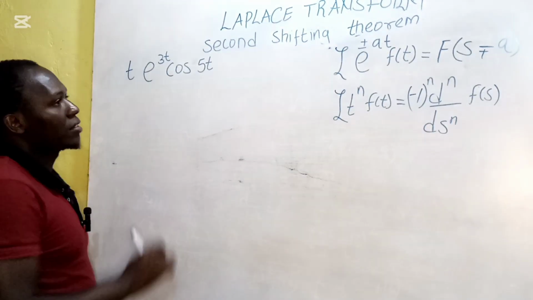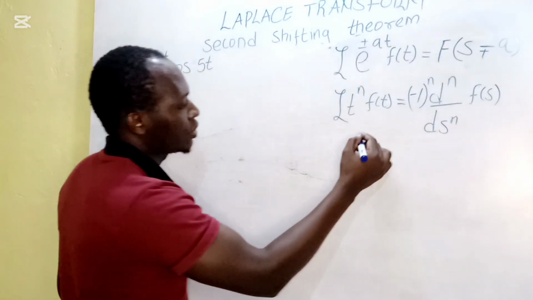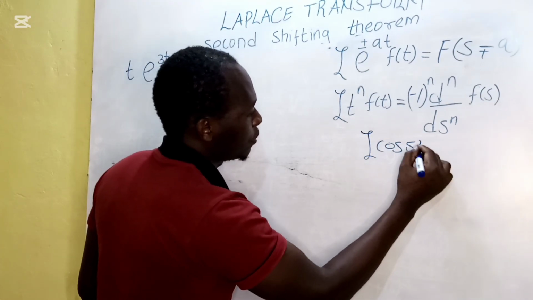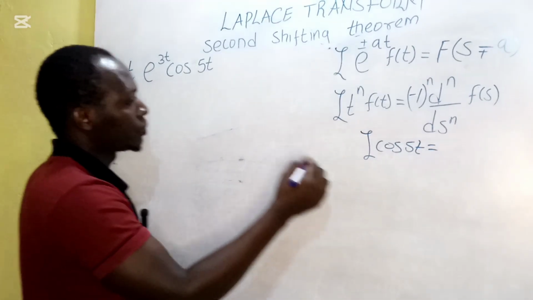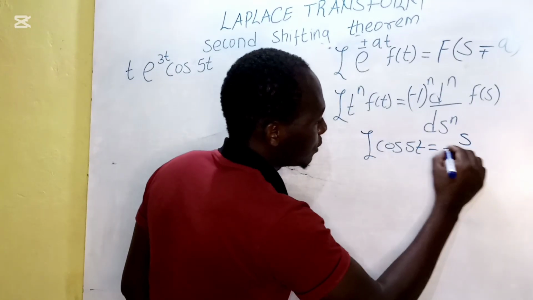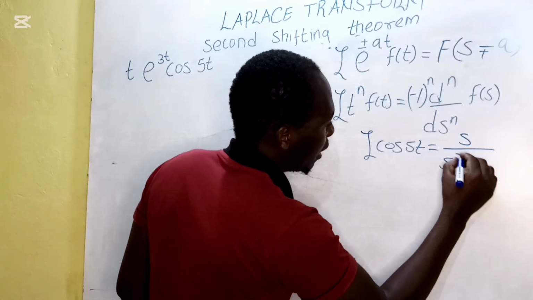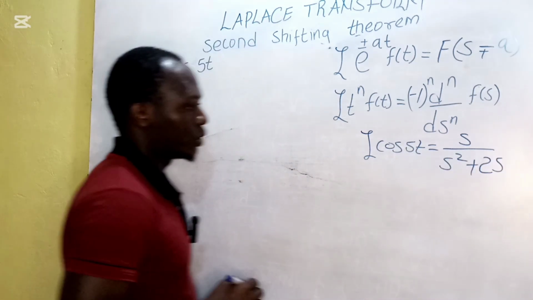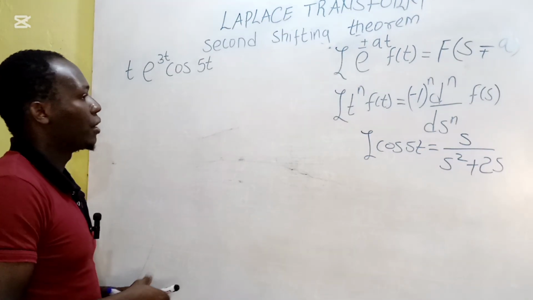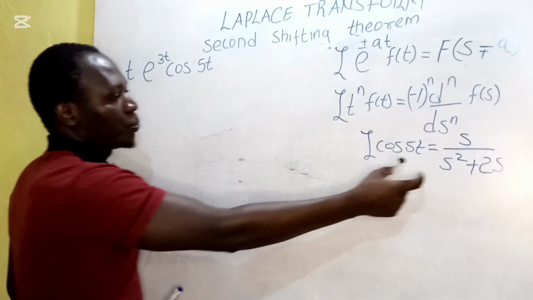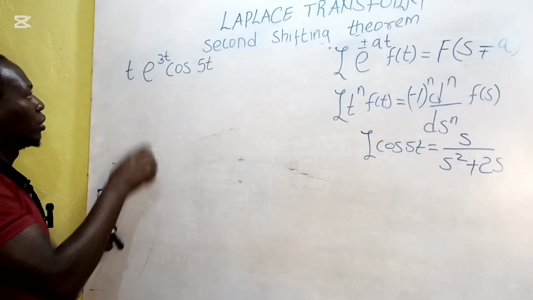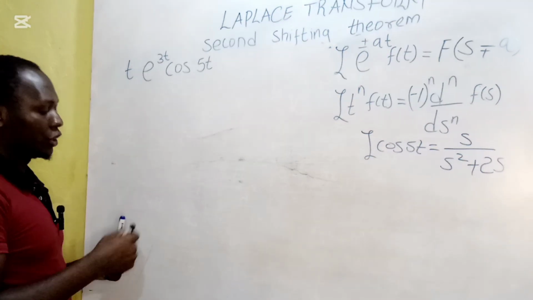And the Laplace transform of our function f of t, which is cos 5t, is equal to s all over s squared we add 25, which is a squared. From this point now, we can get the first shift method because of our exponential here.